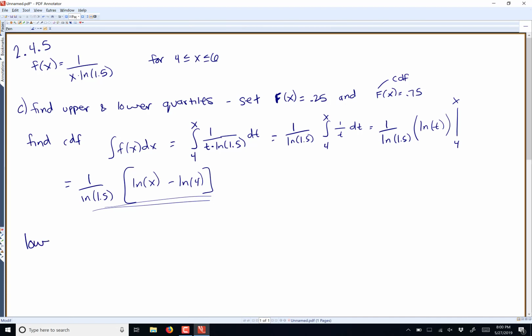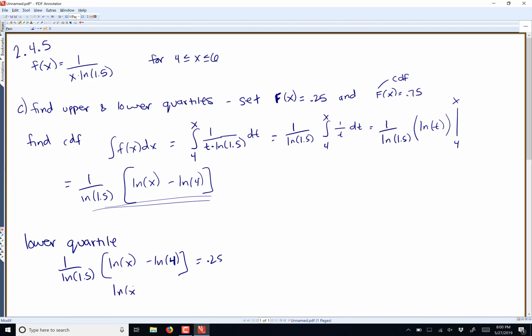So to find my lower quartile without changing it all to decimals, we're going to set all of this equal to 0.25. So 1 over natural log of 1.5 times natural log of x minus natural log of 4 equals 0.25. And at this point, I probably will actually just switch to using decimals. So I have 1 over natural log of 1.5, so let's multiply both sides by that.